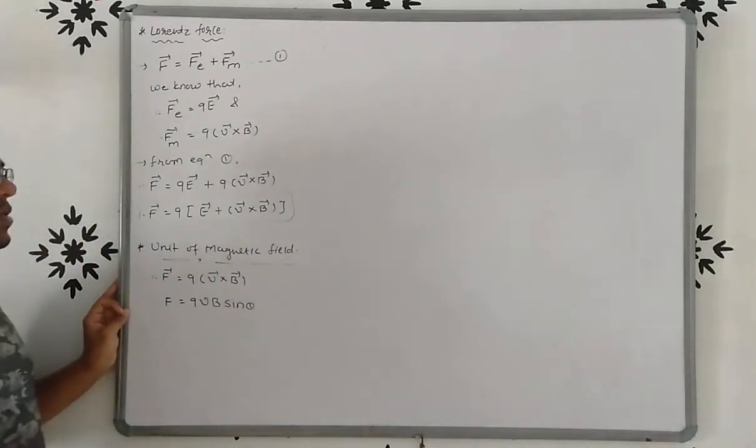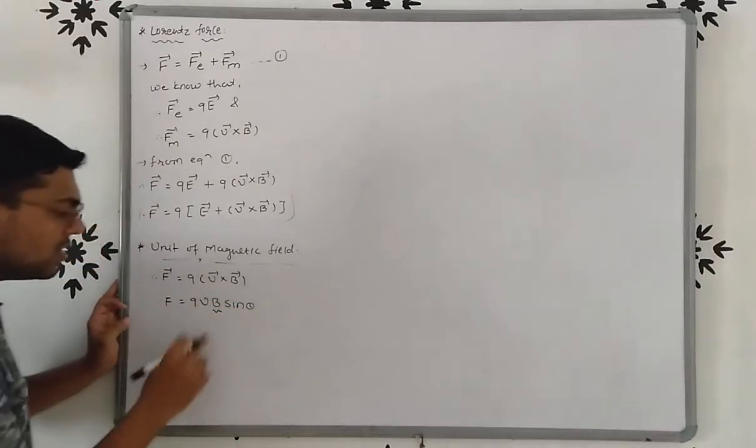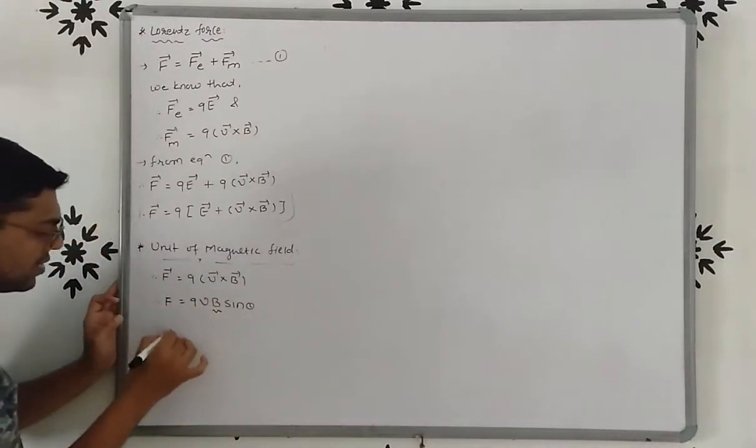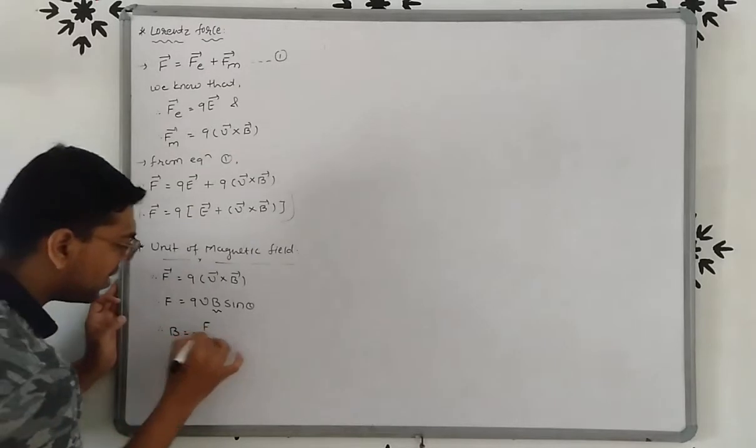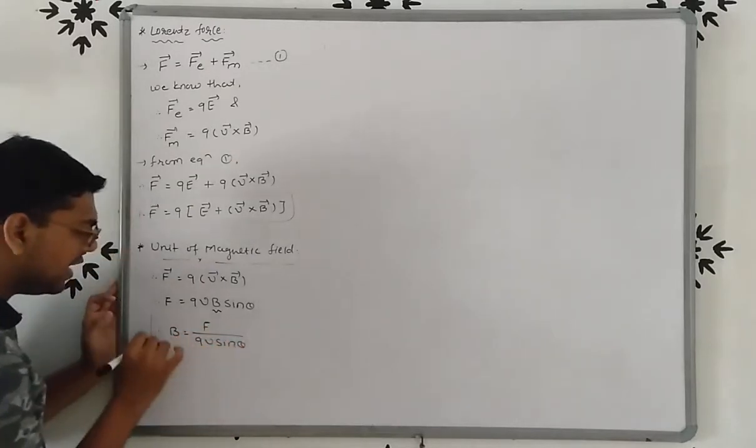Here we have to define the magnetic field. We denote magnetic field by B. So here we formulate B. B equals F upon QV sin theta, right?